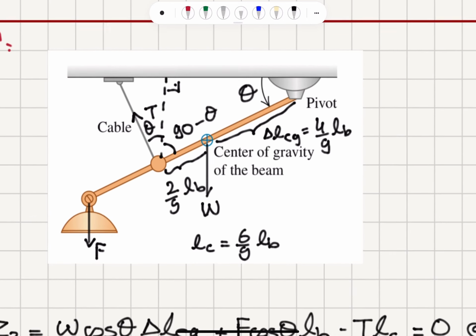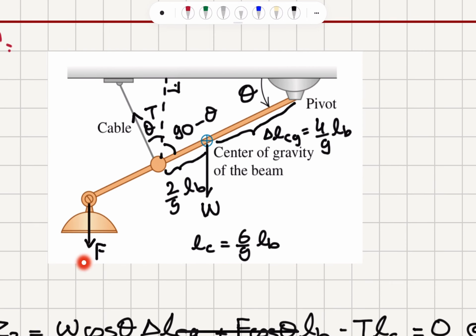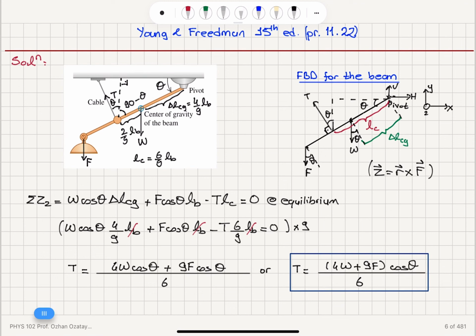So drawing the free body diagram, I recognize all the forces: F pointing down at a distance, the length of the beam, from the pivot point; the weight pointing down at a distance delta LCG, 4/9 LB, from the pivot point; the tension on the cable, because the cable is perpendicular to the beam, is basically in the normal direction, and if this angle with the horizontal is theta, this is 90 minus theta, then the angle the tension makes with the vertical is theta. And the tension is applied at a point 6/9 LB, which is 3 meters.